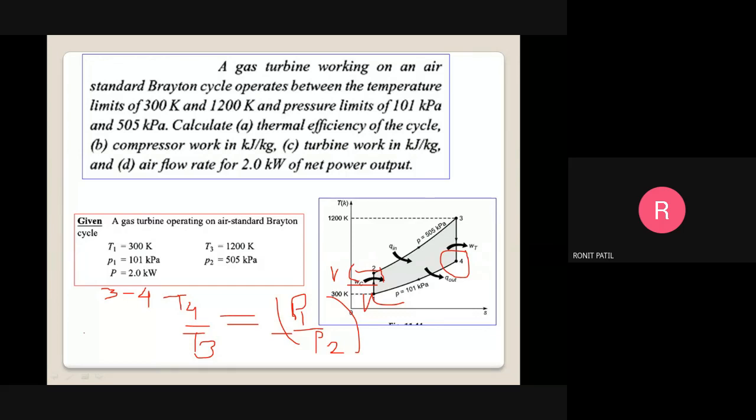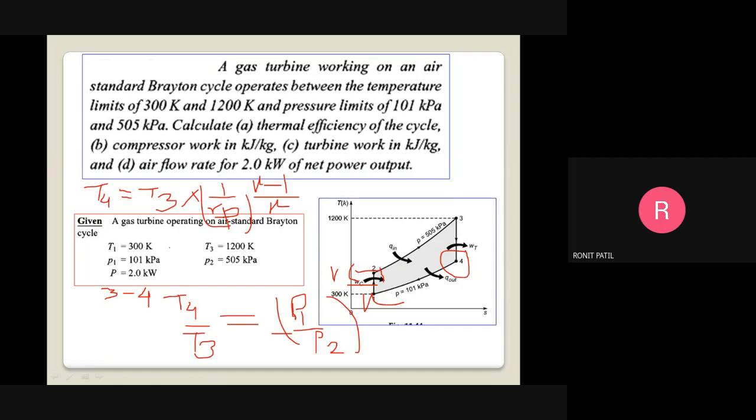Or T4 is equal to T3 into (1 upon Rp) raised to (gamma minus 1) upon gamma.